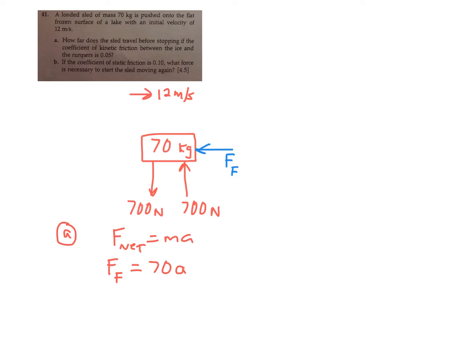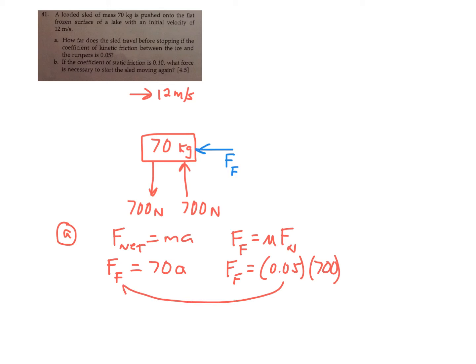They give us the coefficient of friction, so I could do the calculation for the force of friction, kinetic friction. The force of friction is mu times the normal force, and the normal force is 700 and the friction coefficient is given, so the force of friction is 0.05 times 700. That will give us the force of friction. Once we have that, you can plug in here to get the acceleration. So the acceleration will be known.